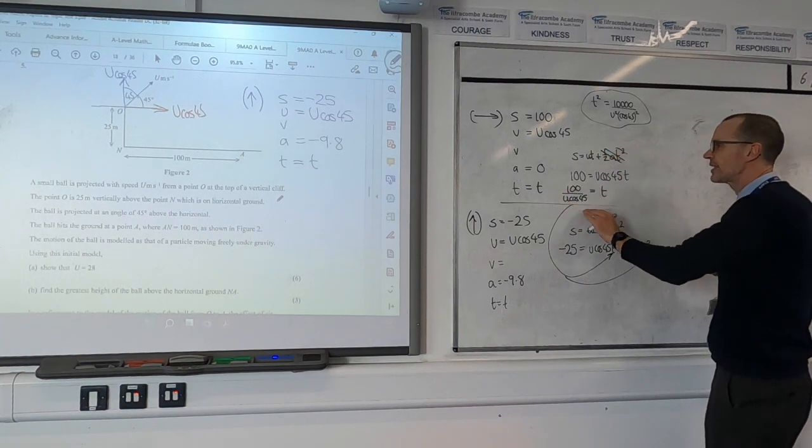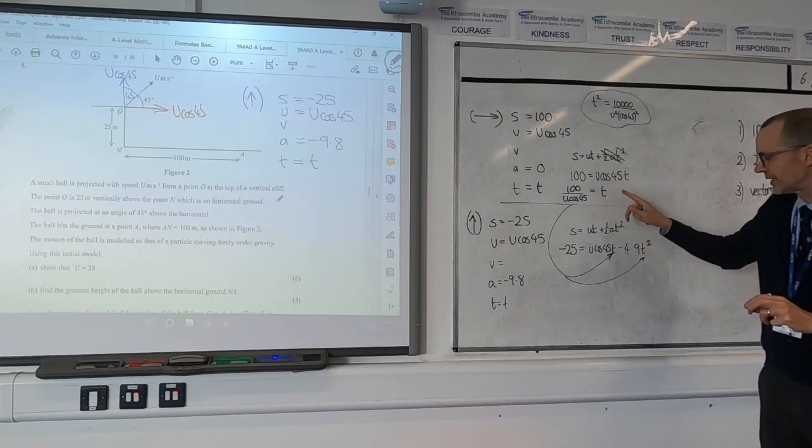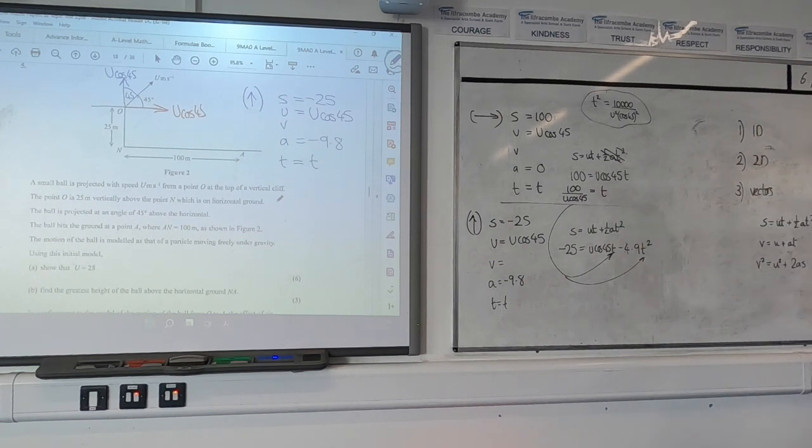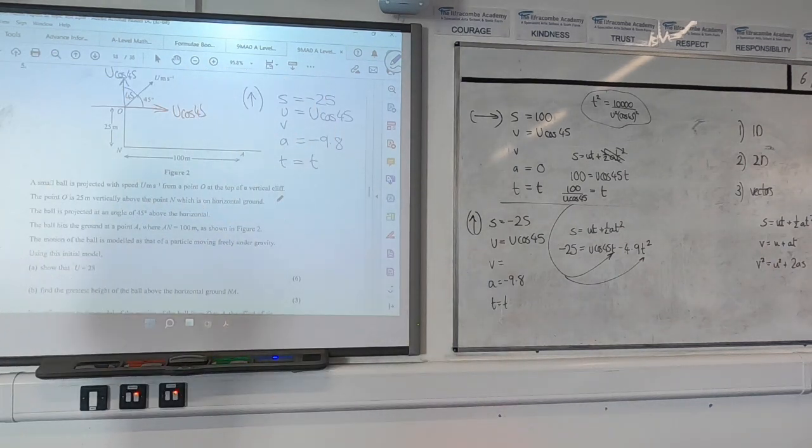So that's why horizontally everything is so much easier. Rewrite that as t equals, and substitute that into here. It's fiddly, but of course we know what g is, we know what sin 45 is, we know what cos 45 is, we know what everything is now apart from u.